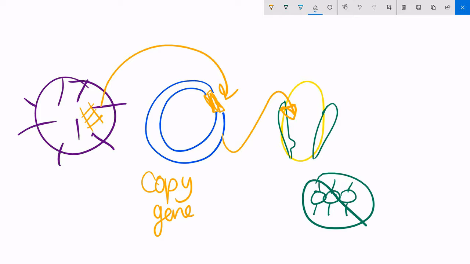These type of crops are called Bt crops. And the Bt stands for Bacillus thuringiensis, and that is a bacteria that has the gene that will prevent these bugs from getting to this crop.